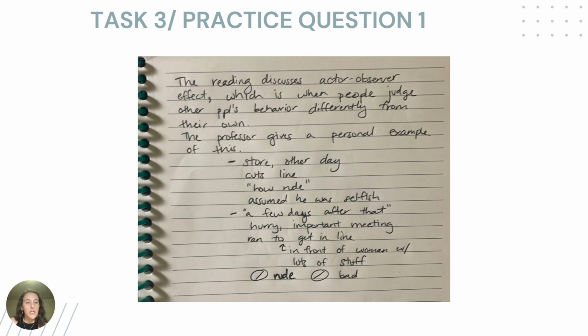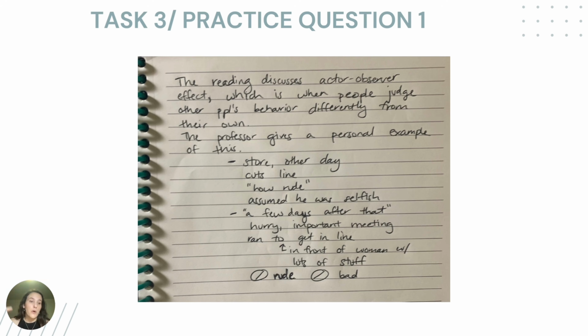Here are my notes that I'm going to use to give you the answer. Remember that I am writing as clearly as possible so that I can show you these notes. You might not have so many full sentences in your notes. That's okay, as long as I have the important stuff. And the important stuff is actor-observer effect. What is it?